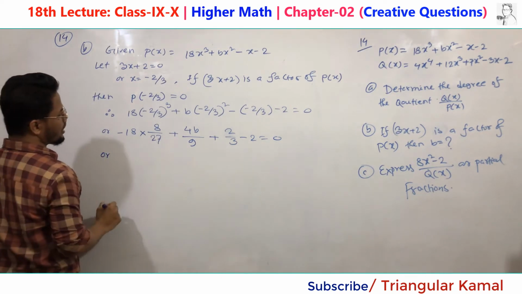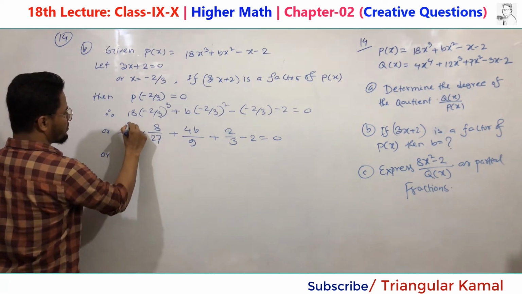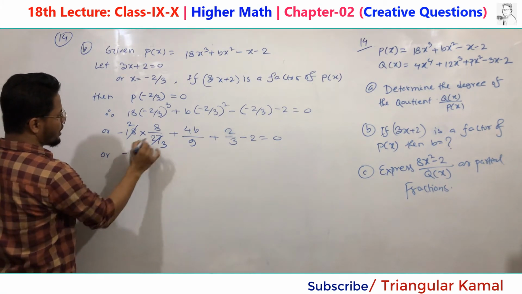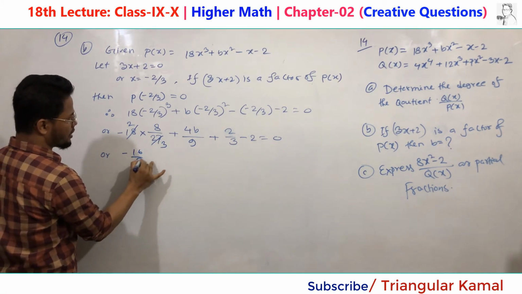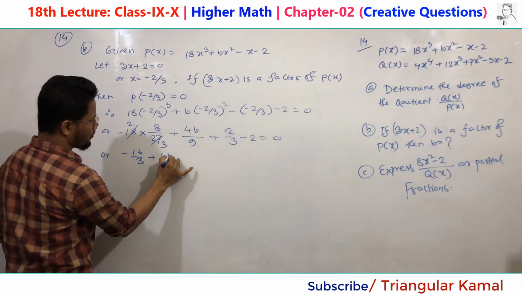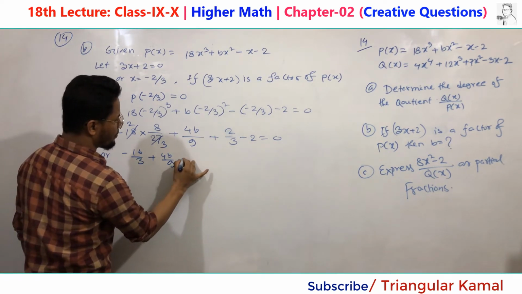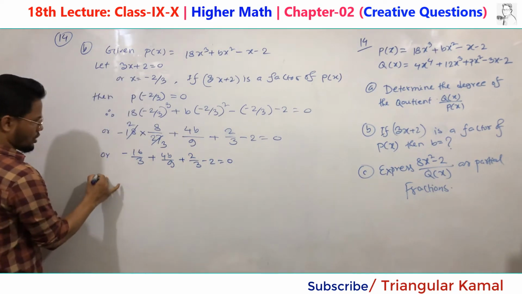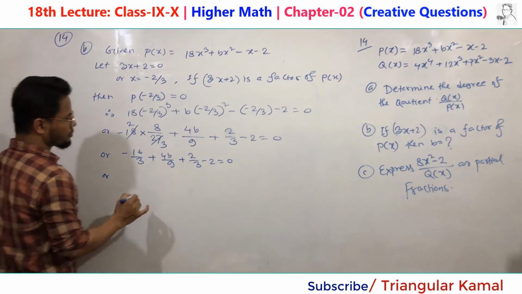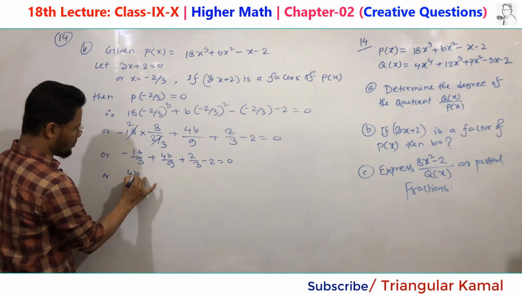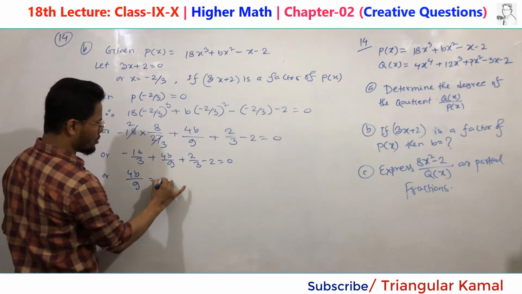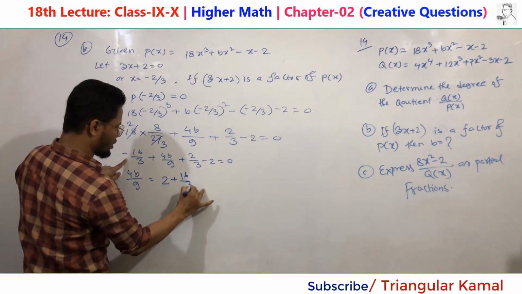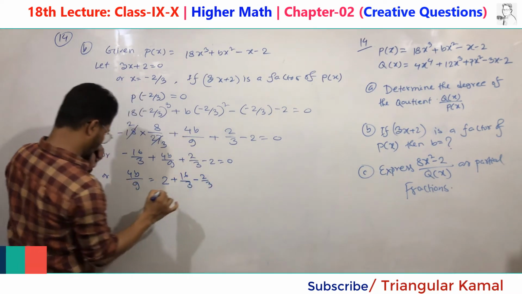Do a simple calculation here: 9 twos and 9 threes. This one will be minus 16 divided by 3, plus 4b divided by 9, plus 2 by 3, minus 2 equals 0. Now move it: 4b by 9 equals 2 plus 16 by 3 minus 2 by 3.